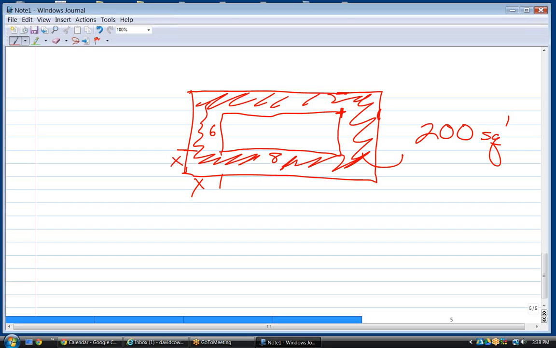If I said to you, what is the area of the shaded region, you would say what? 200 minus 48. Not quite. It would be the area of the large rectangle minus the area of the small rectangle. It's not 200. 200 is not the area of the large rectangle.